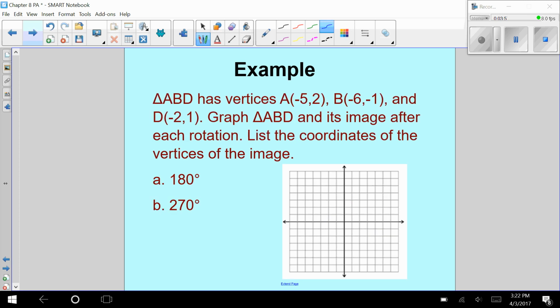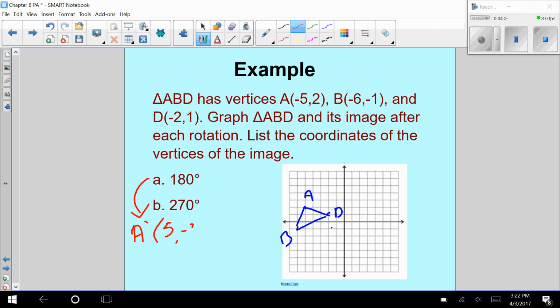Try these 2 problems on your own. All right, let's start by graphing them. Here's A, B, and D. There are my original points. So for 180, A prime becomes, just both coordinates become their opposites.